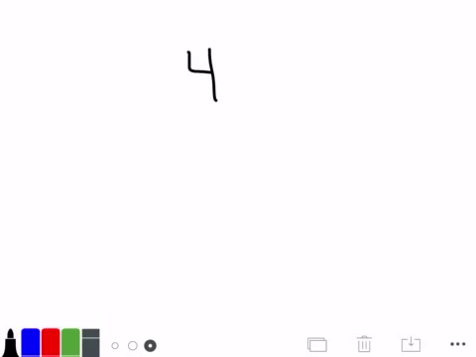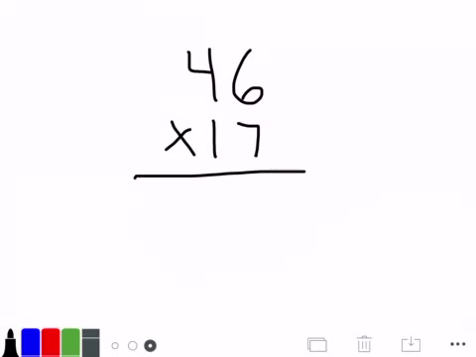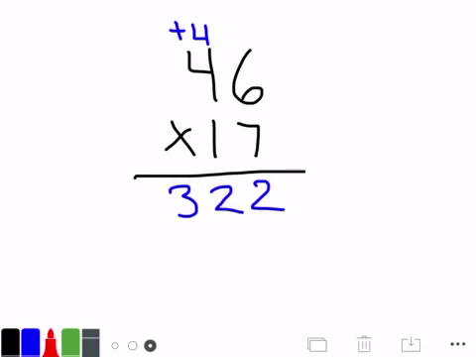And we'll do 46 times 17. I'm going to start 7 times 6 is 42, so 2 in the ones place, 4 in the tens place. 7 times 4 is 28, plus this 4, so 28 plus 4 would be 32. And now I'm going to switch colors here.